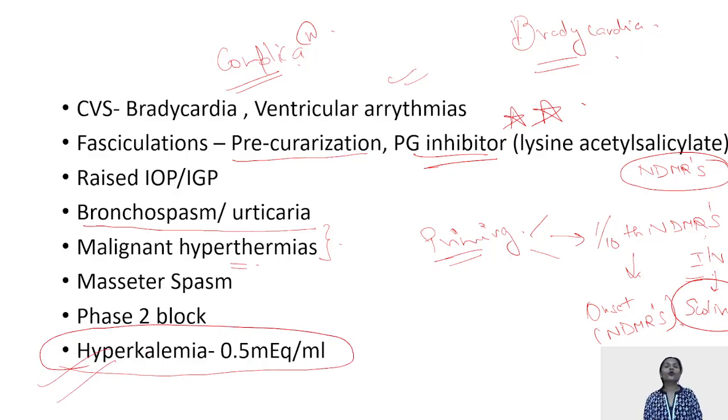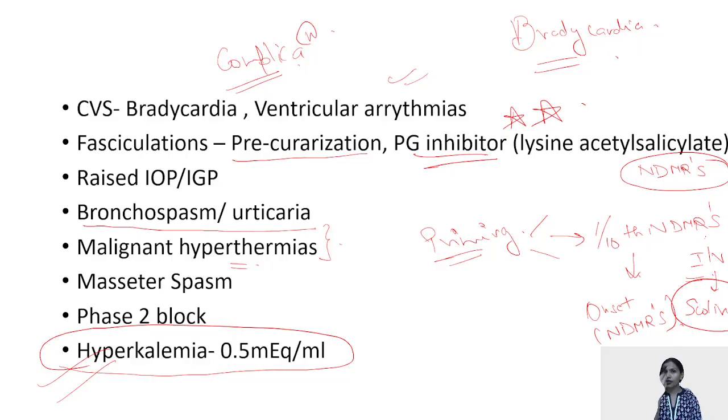If one dose of scolin is given, it is going to increase the potassium levels by 0.5 milliequivalents per ml. And why does it lead to hyperkalemia is because we have certain extra junctional receptors which are present in our body.